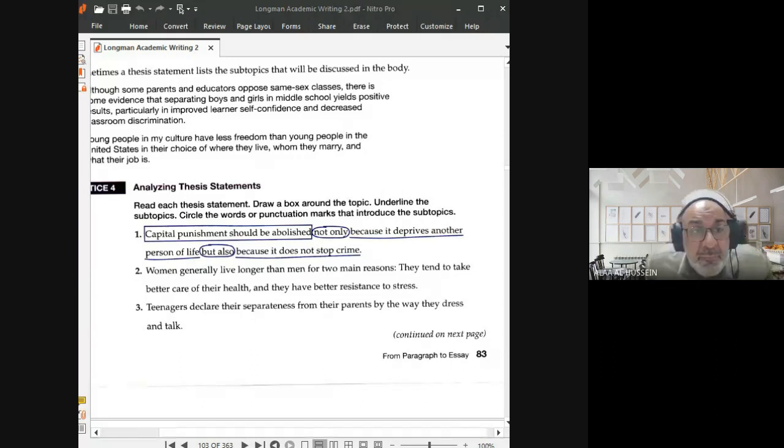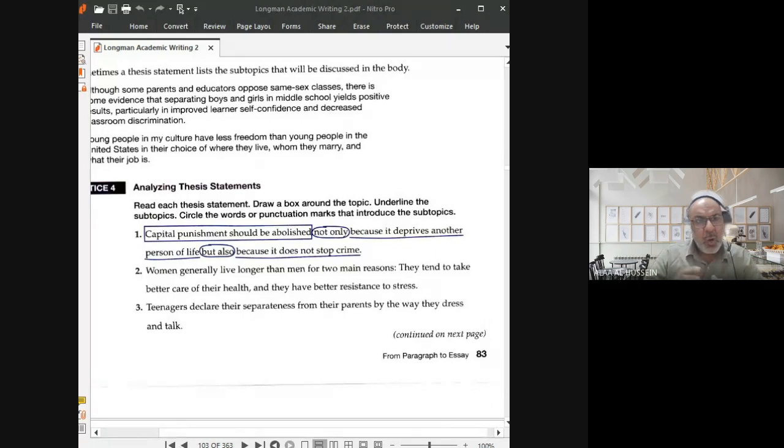First of all, we have to look for the topic. The topic is the subject we are talking about. And capital punishment is the topic here. This is first. Second, when we finish talking about the subject or the topic, we start with the verbal phrase.